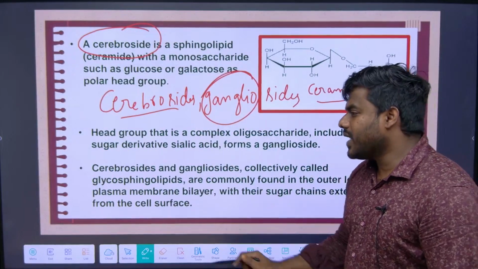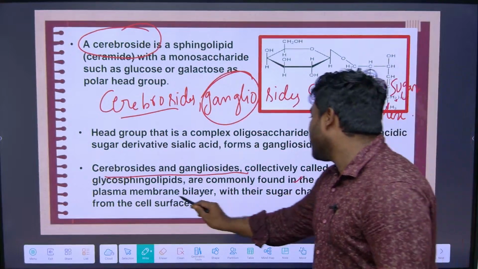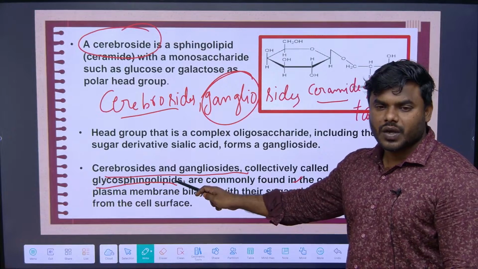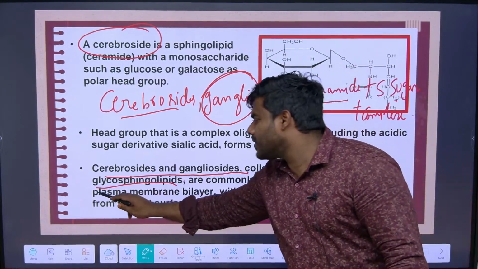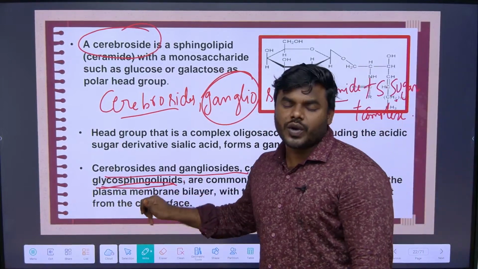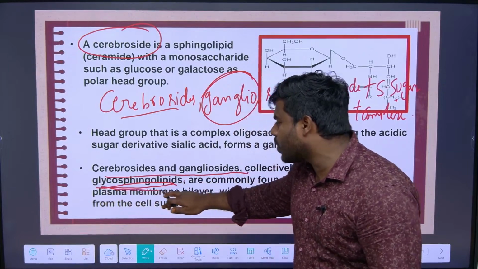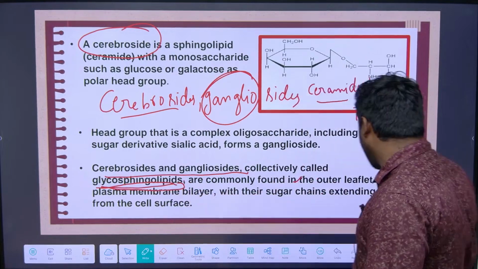Gangliosides. Cerebrosides and gangliosides are collectively called glycosphingolipids. We also call them glycolipids, which are predominant on the neuronal membrane, right? And the inner membrane of the chloroplast also contains glycosphingolipids, along with the sulfolipids.